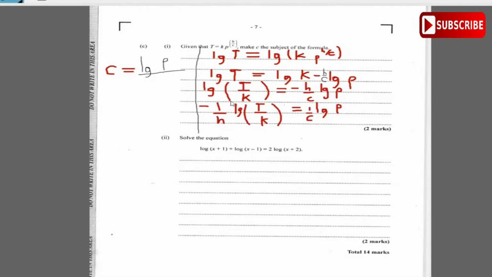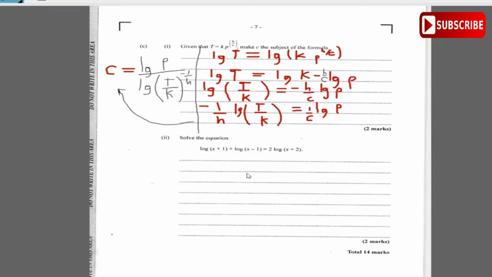Now you can actually bring up the power. You can write it as log of p divided by the log of t over k to the minus 1 over h. That's how you find c. All right, nice and easy.